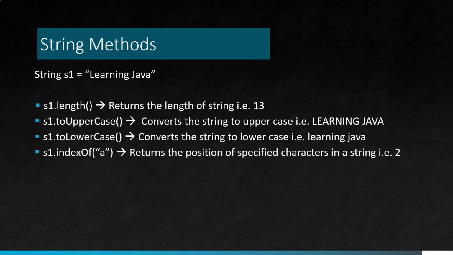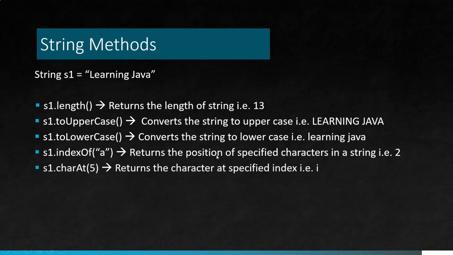Just remember that index always starts from 0 and doesn't start from 1. That's why if you look at our string, L is at 0, E is at 1, and A is at the second position.